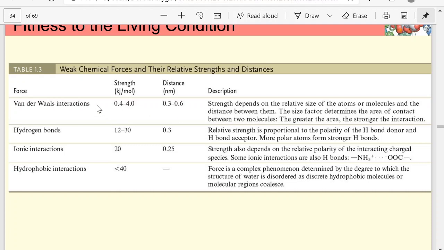Well, they're van der Waals interactions, which are hydrophobic type interactions. They are interactions that are caused from molecules bumping into each other and shifting the electrons, causing transient changes in partial charge on different ends of the molecule.